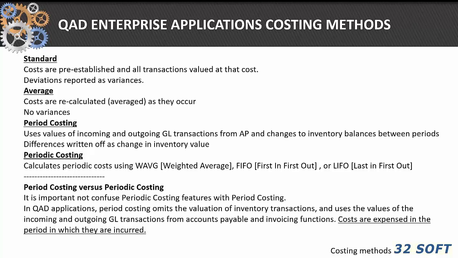There's also periodic costing, which calculates the periodic cost based on weighted average, first in, first out, or last in, first out, or as we sometimes know, FISH, which is for us in the supply chain, first in, still here. So you really need to understand how you're going to treat period versus periodic costing in terms of how the accounting process is going to handle your on-hand value.